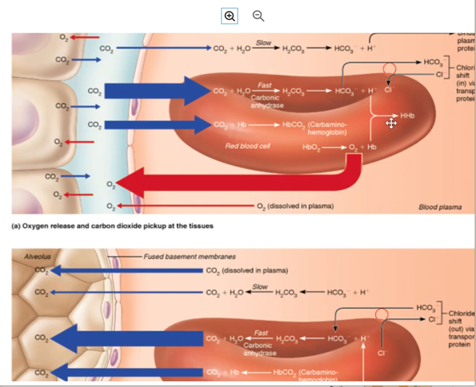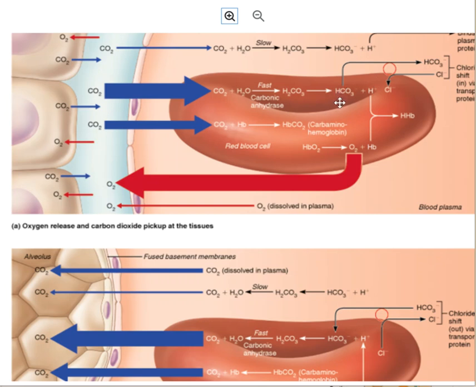That's good. Now, we want this bicarb out in our blood plasma for that 20-to-1 ratio of bicarbonate to hydrogen. So we usually have about 20 bicarbs for every 1 hydrogen. Okay? We've talked about that before. So we have this go out.